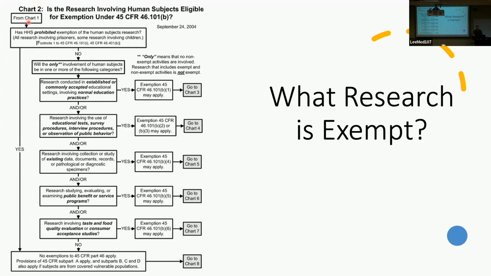We've already answered from chart 1 that this is human subjects research. Now we want to see, does it fall into any of these categories that are exempt? I'll talk more about these in a few slides, but there are a few conditions where even if you're doing human subjects research, it doesn't have to be reviewed by the IRB because it's in these exempt categories. Again, if you have questions about whether your research is exempt or not, certainly talk to us. We can help you make that determination.